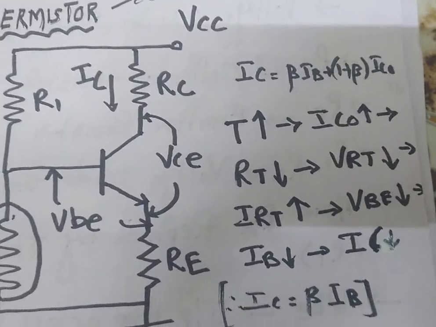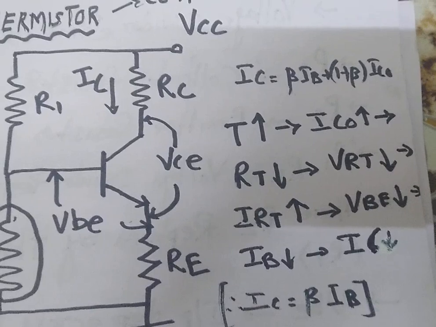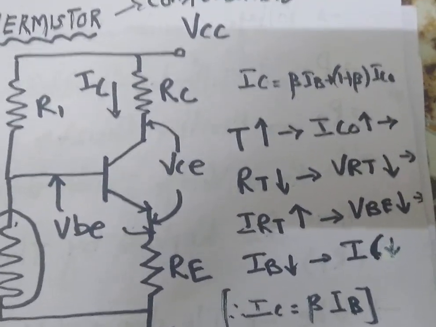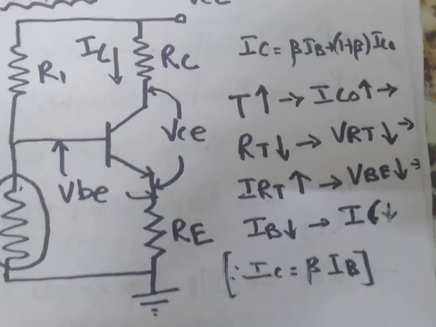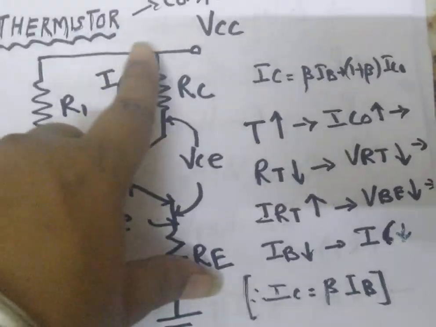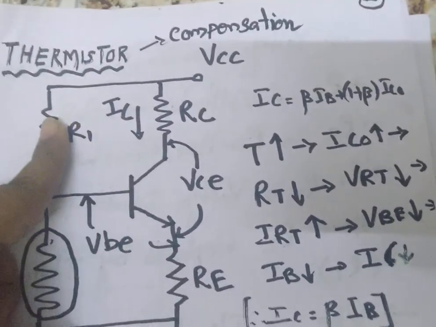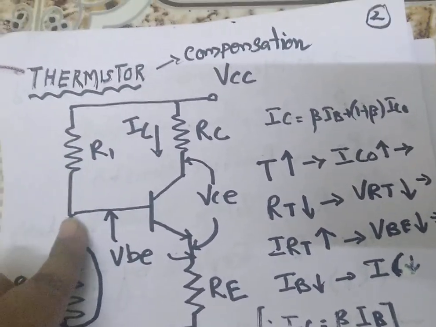Now listen. At normal temperature there is no problem. Now temperature increases, what happens? The IC value increases, so more current flows through the device.